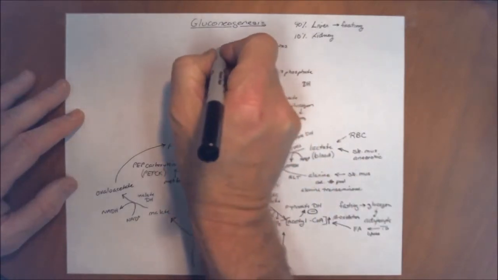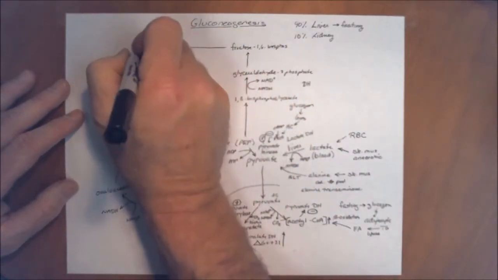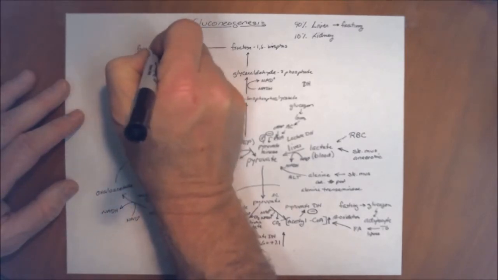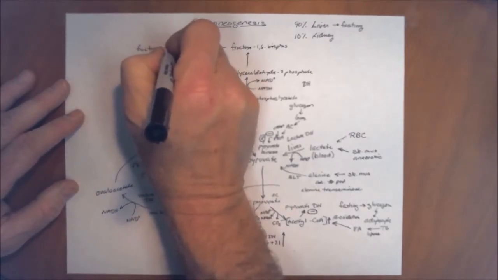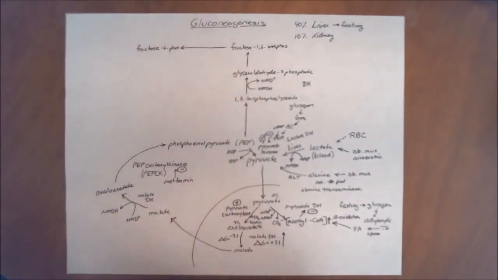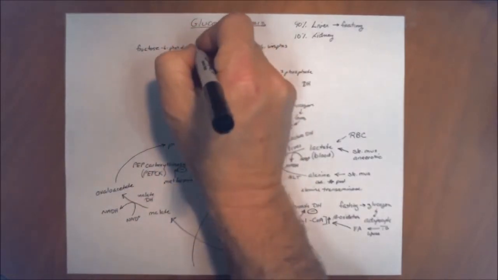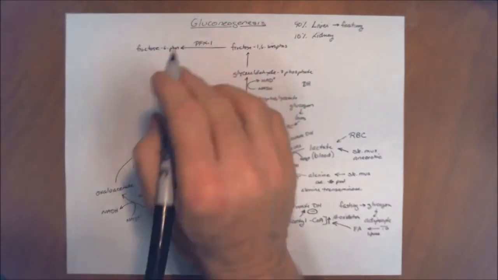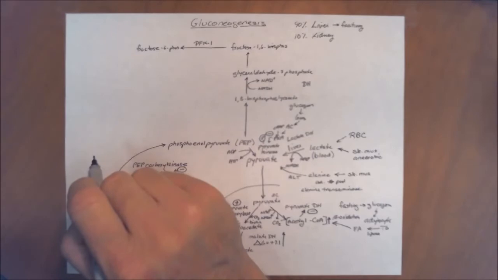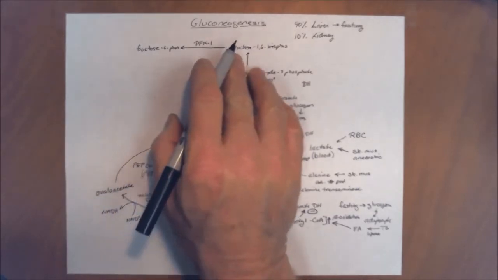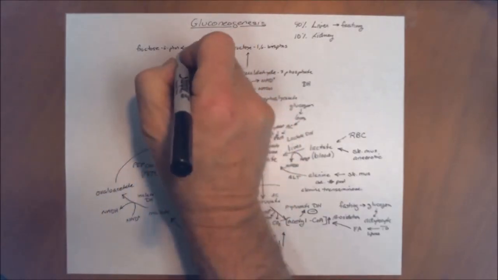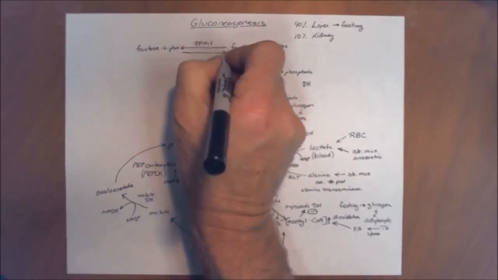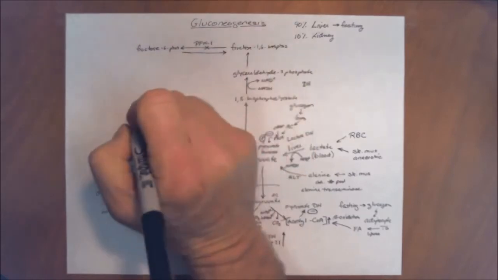We have a block here, and we'll see the next block in a second. So the next reaction is to take our fructose 1,6-bisphosphate and convert this to fructose 6-phosphate. This, of course, is done by the enzyme PFK1, phosphofructokinase 1. Now, this is an irreversible reaction, so this direction is not going to occur, only the forward direction.